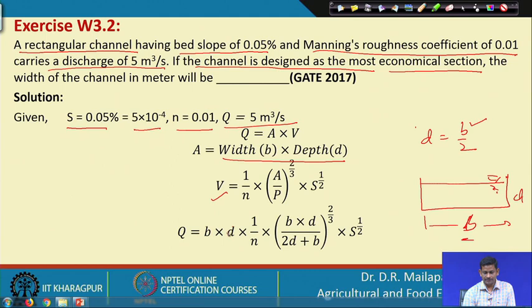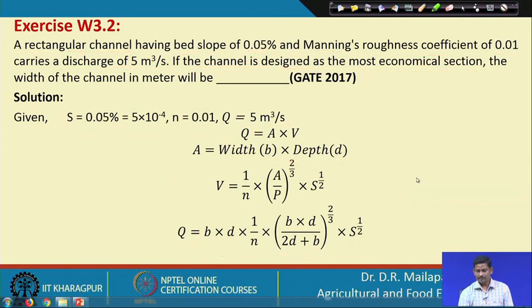Now Q is equal to A into V, where A is B into D and V is 1 by n into B D by 2 D plus B, this is the perimeter: D plus B plus D, so 2 D plus B, power 2 by 3 into S power half.